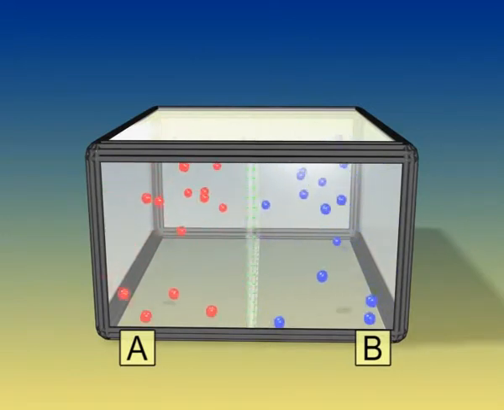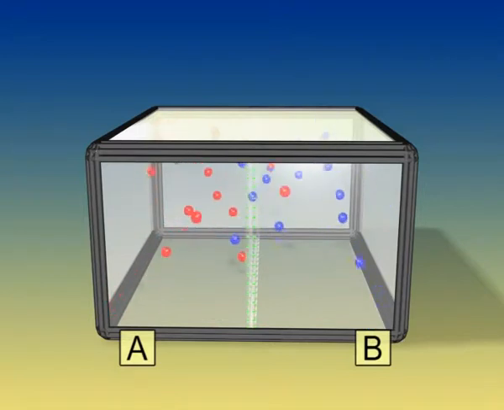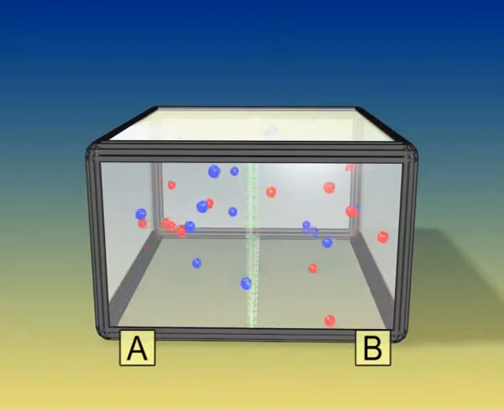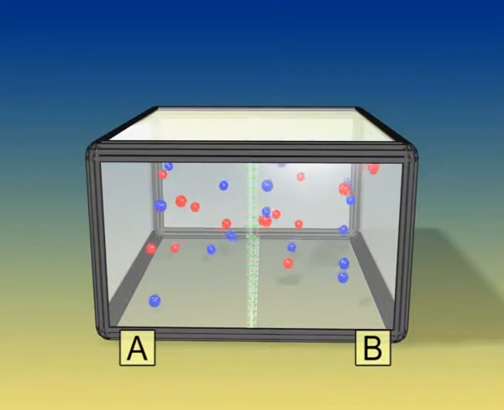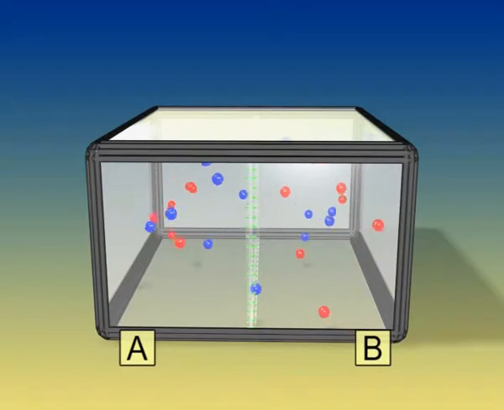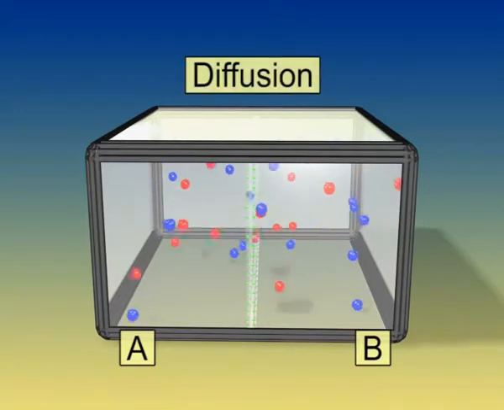If the partition is removed, the gases will mix because of the random collisions of their molecules. With time, a uniform mixture of A and B molecules will be produced in the container. This is due to diffusion.